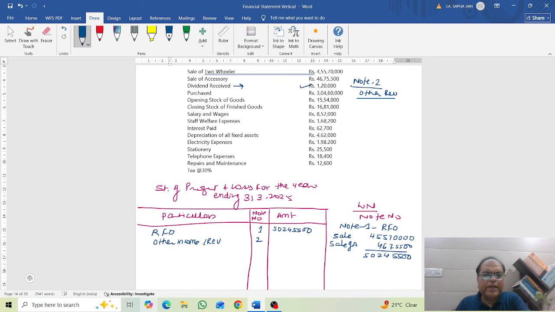The next items are purchase, opening stock, closing stock, salary and wages, staff welfare expenses, interest paid, depreciation, electricity charges, stationery, telephone, repair. So no other income is there. If only a single type of income is there, no need to prepare any note number because only a single item is there. If more than one item is there, definitely we need to prepare note number. So other revenue is 1,20,000.